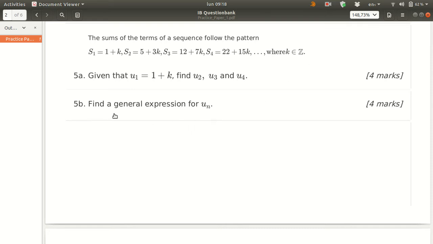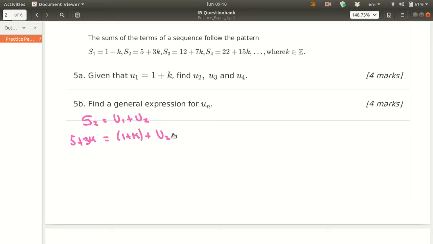So let's begin with u2. First of all, S2 is equal to u1 plus u2. Remember that this is the sum of the first two terms. So I know that S2 is 5 plus 3k, and this is equal to the first term, 1 plus k, plus the second term, which I don't know what it is.